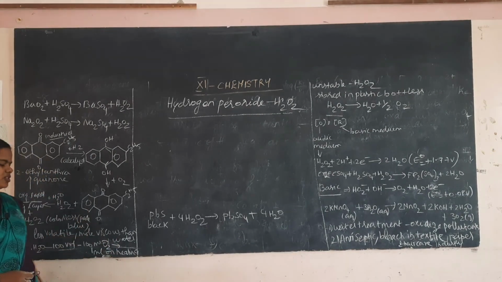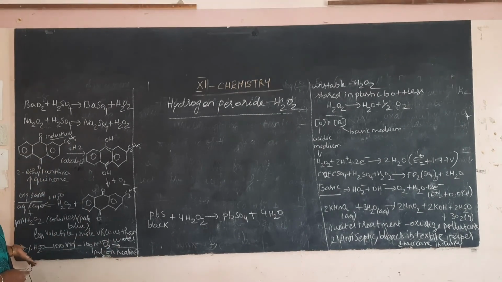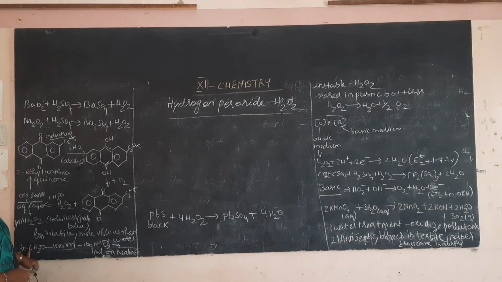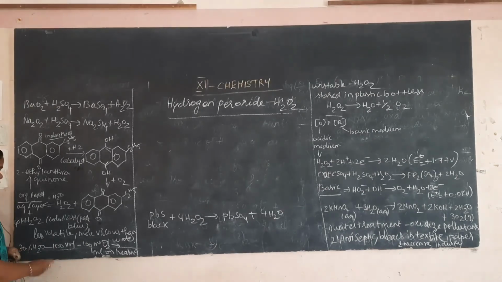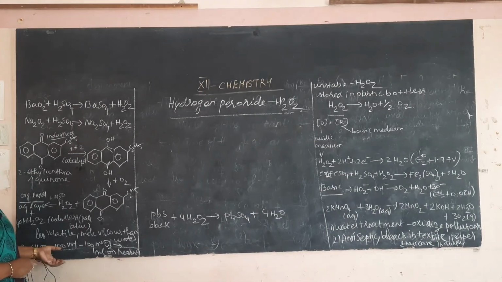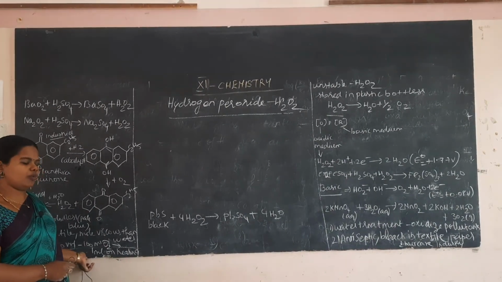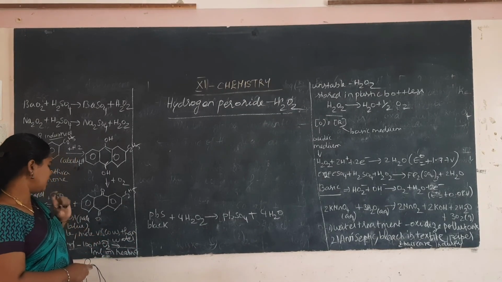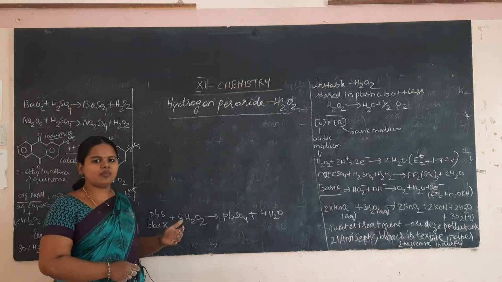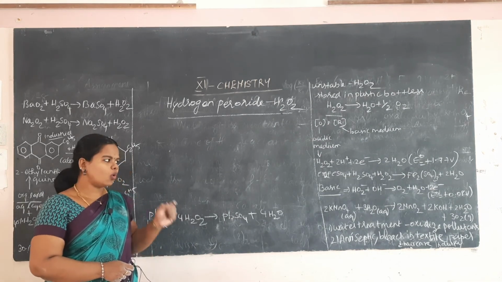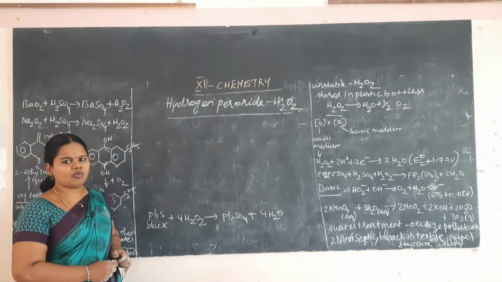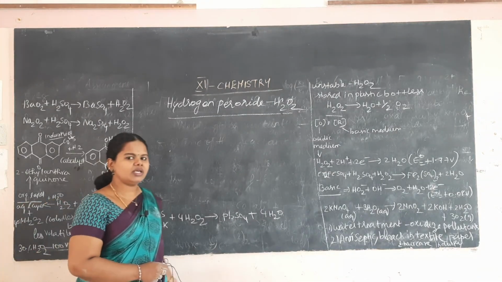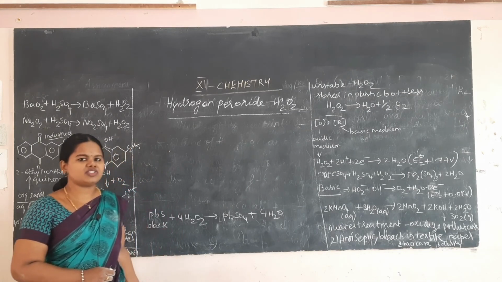In industries or scientific companies, 30% hydrogen peroxide is sold, labeled as 100 volume. That means 1 ml of hydrogen peroxide on heating will liberate 100 ml of oxygen. So these are all the physical properties of hydrogen peroxide.